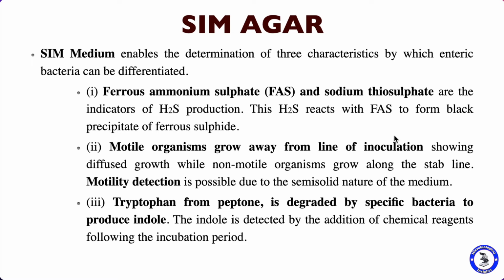For motility, you inoculate the organism in the SIM agar, and after incubation, you will see the motility along the stab line. The SIM agar contains the amino acid tryptophan, so the bacteria secrete the enzyme tryptophanase and produce indole. The indole is also detected with the help of this SIM agar.